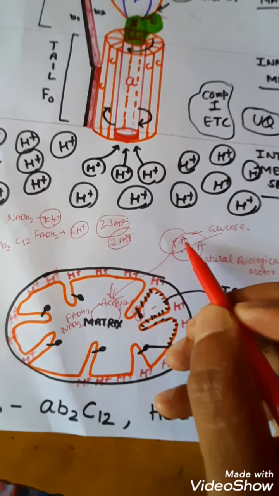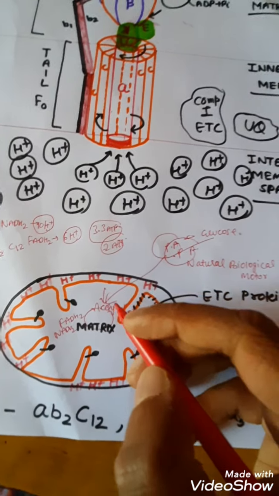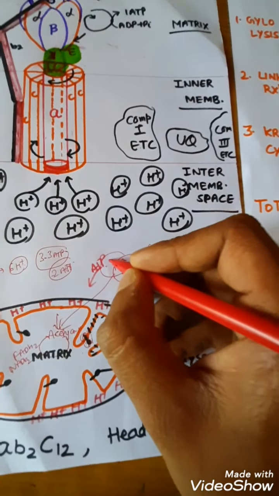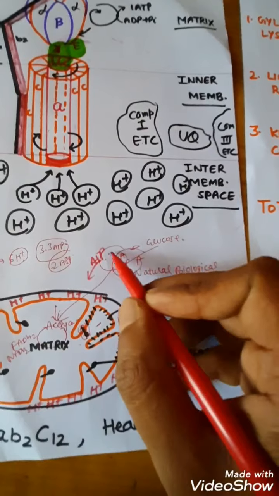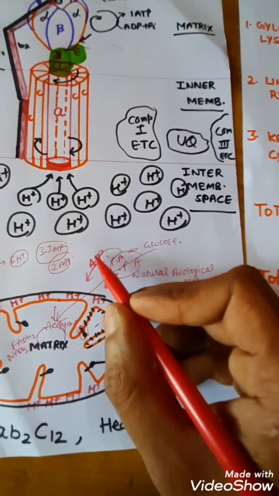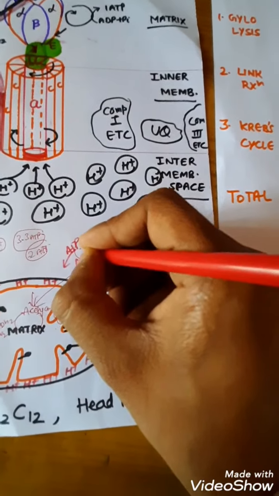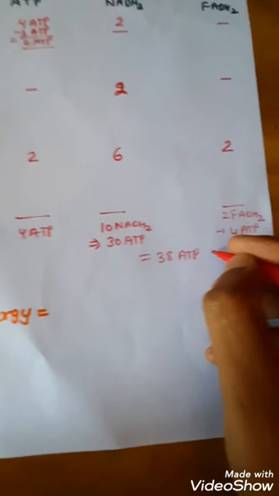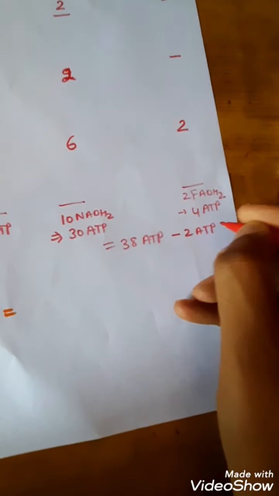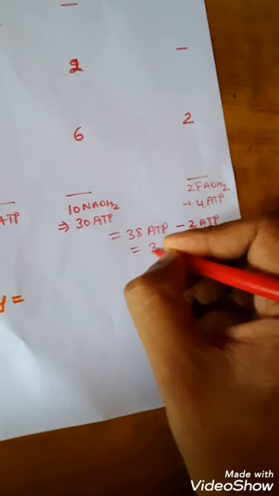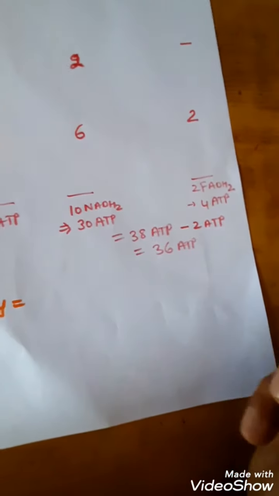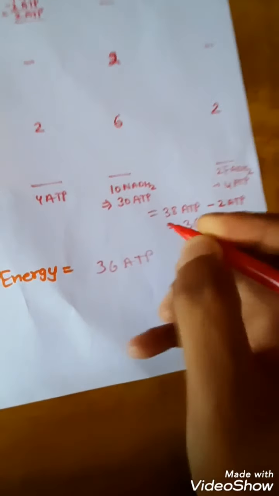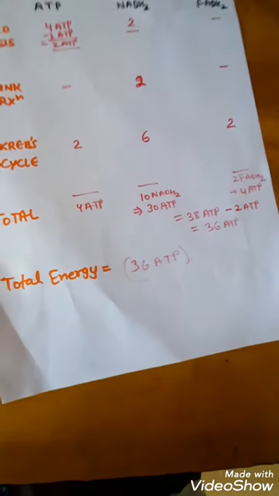So for pumping of the pyruvic acid into the matrix of mitochondria, 1 ATP molecule is utilized because it is active transport. And since there are a total of 2 pyruvic acids, there will be expenditure of a total of 2 ATPs to pump the pyruvic acid into the matrix of the mitochondria. Therefore, we use 2 ATP molecules in the pumping of the pyruvic acid. Hence, an overall 36 ATPs are gained. So the total energy gain in the respiration will be 36 ATPs.